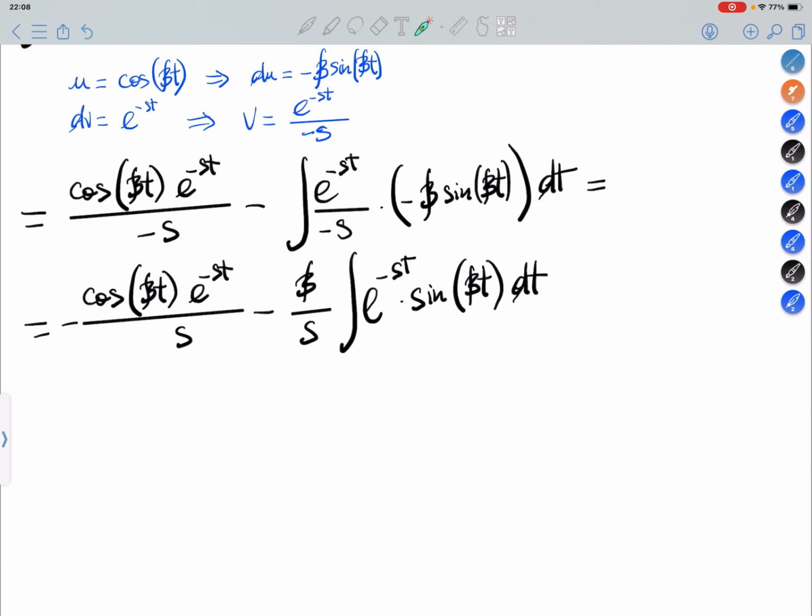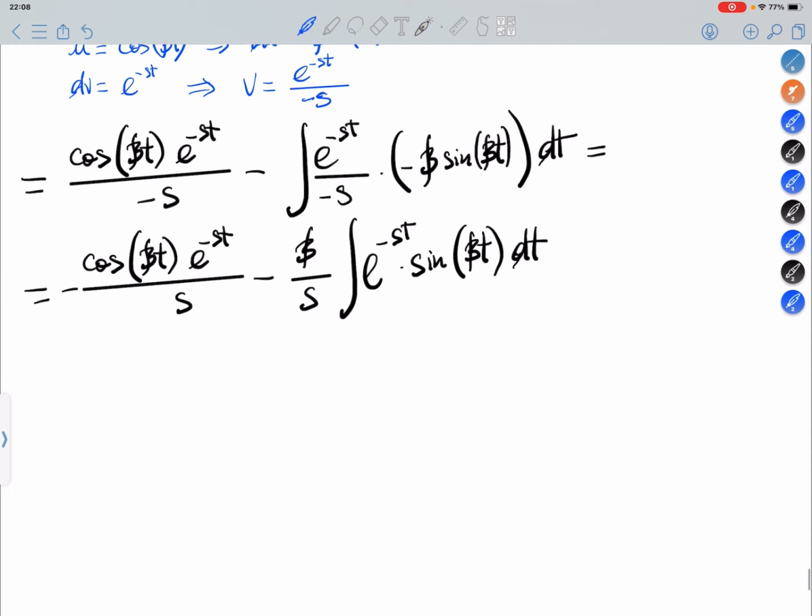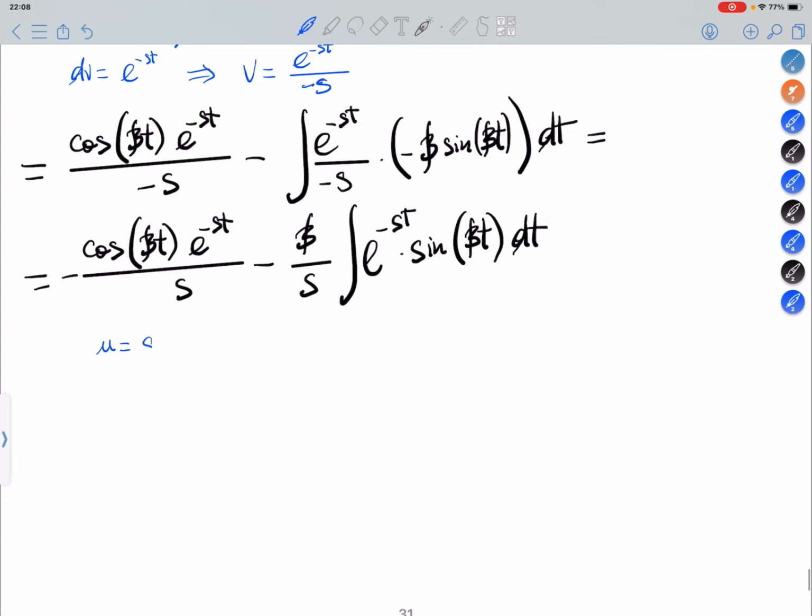In this case, we let u be equal to sine of beta t, and dv is the same, e to the power minus st. Now for du, we differentiate sine of beta t, so du would be beta cosine of beta t, because the derivative of sine is cosine. Then we integrate, so v would be e to the power minus st over the same constant, minus s.